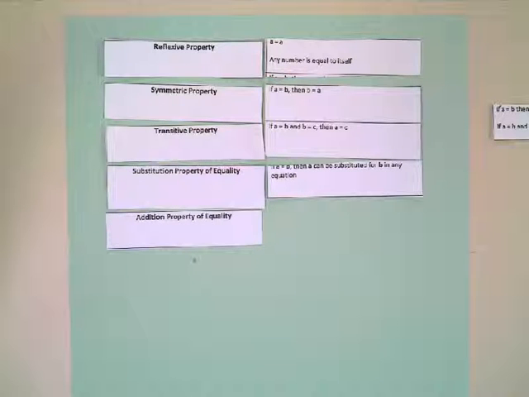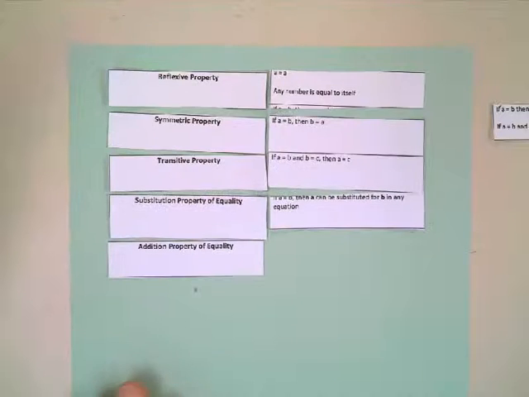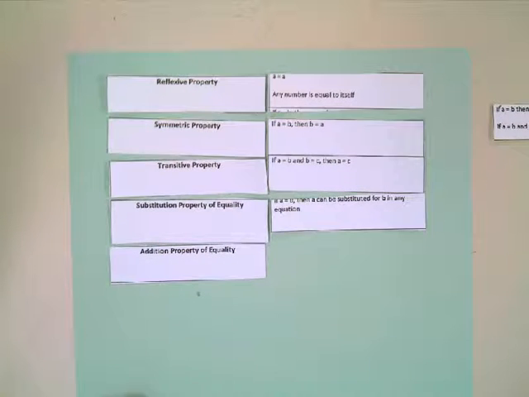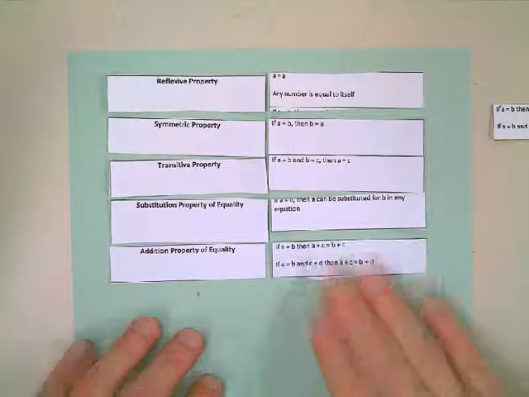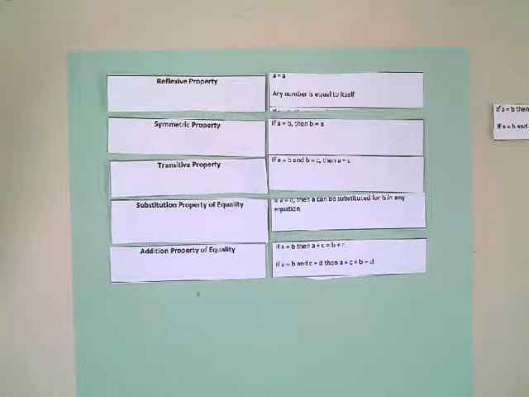What are we thinking? Eli, you have an idea? If A equals B, then A plus C equals B plus C. You got it. That's the addition property of equality, that rule for equations where you can add the same thing to both sides and the equation is still true, right?